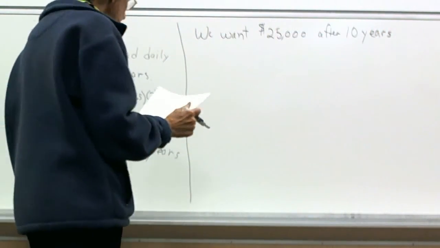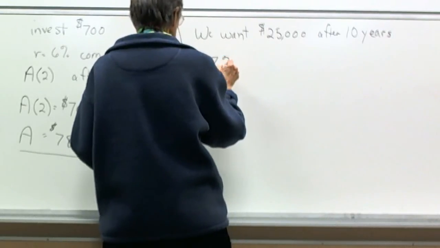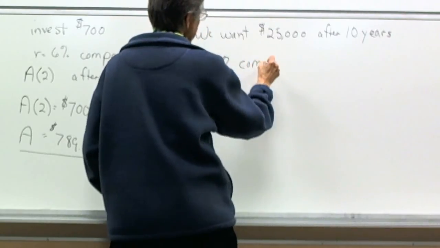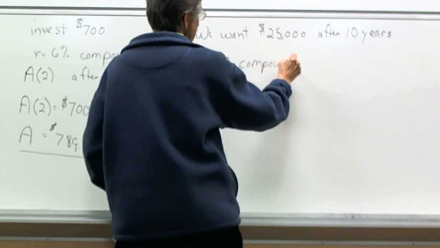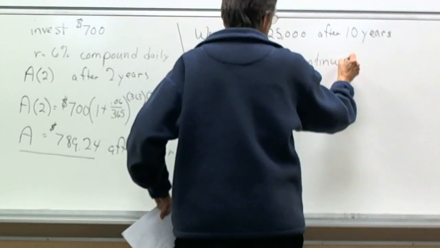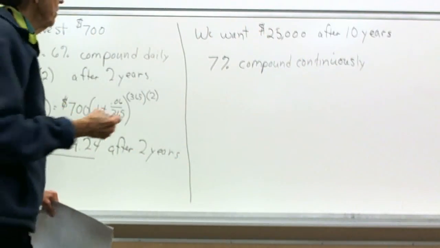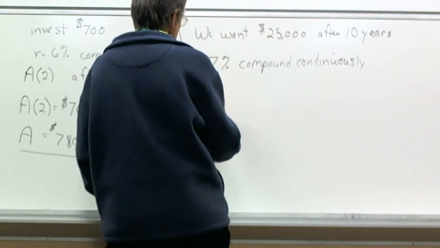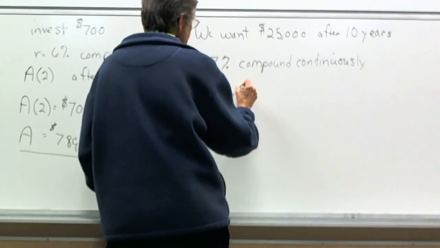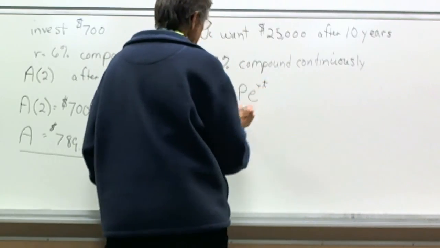We have an opportunity to invest at 7%, and this time compounded continuously. So we have no compounding periods. We'll use the formula A of T is equal to P, the principal, E to the RT.